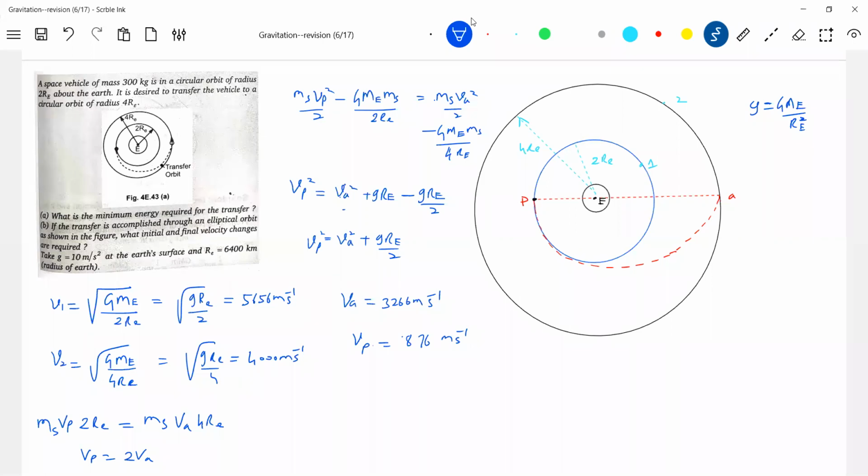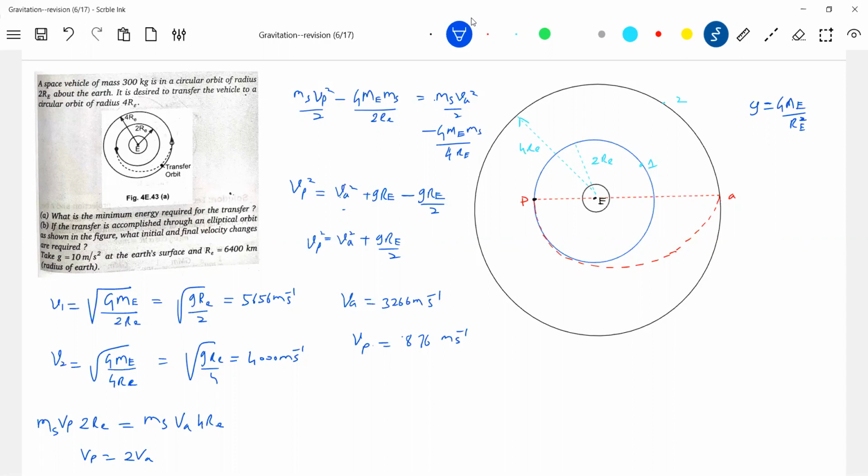The values of VA and VP won't satisfy the equation on the left bottom, sir. Two 292 and 146.